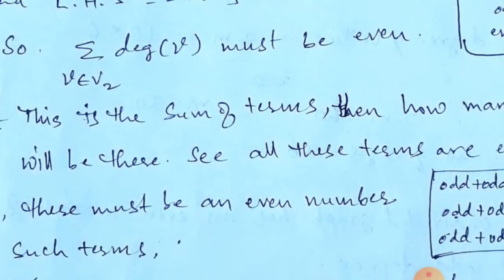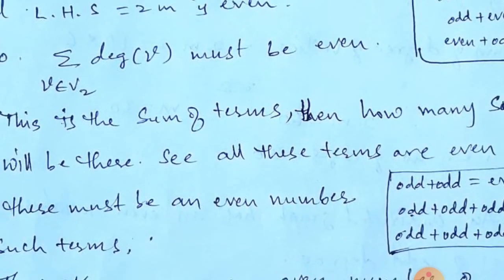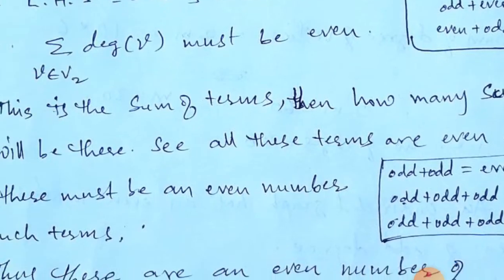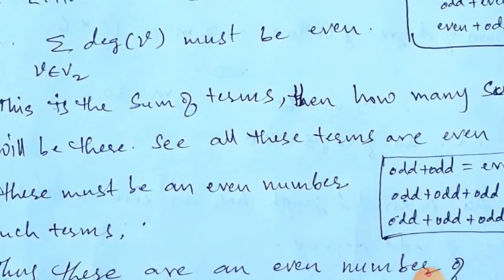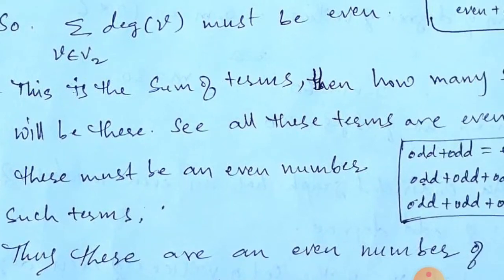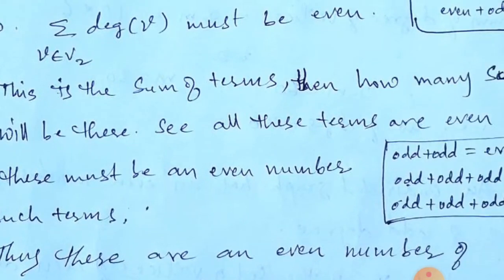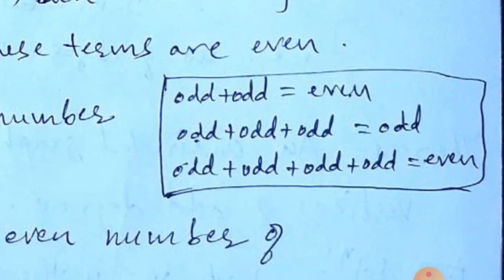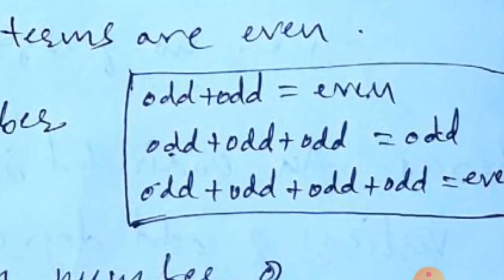This is even, and it is nothing but a sum of terms. How many such terms will there be? All these terms are odd numbers. If you sum an odd number an even number of times, you will get even.